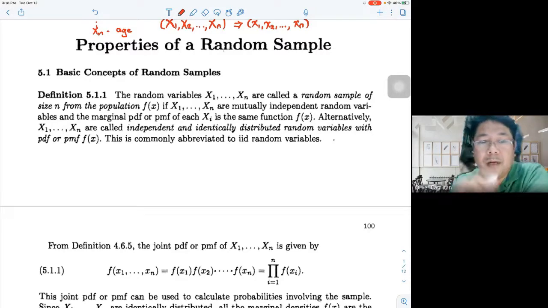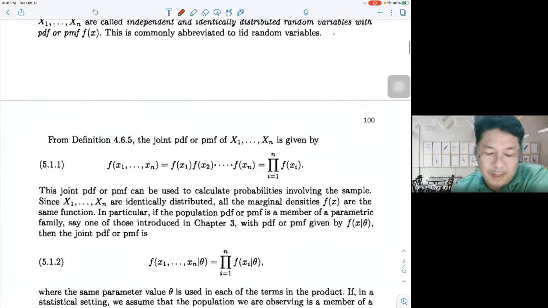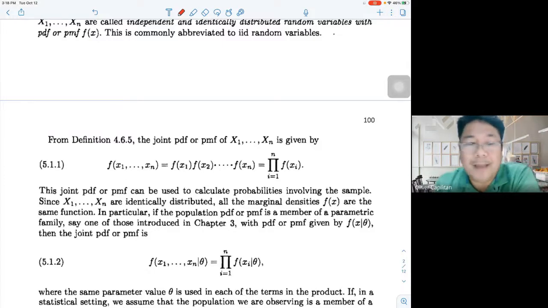So we have X sub 1 up to X sub n, mutually independent random variables, and the marginal PDF or PMF for each X sub i is the same function f of x. Based on Definition 4.6.5, for the joint PDF or PMF of X sub 1 up to X sub n, we have the assumption that the random variables are mutually independent.